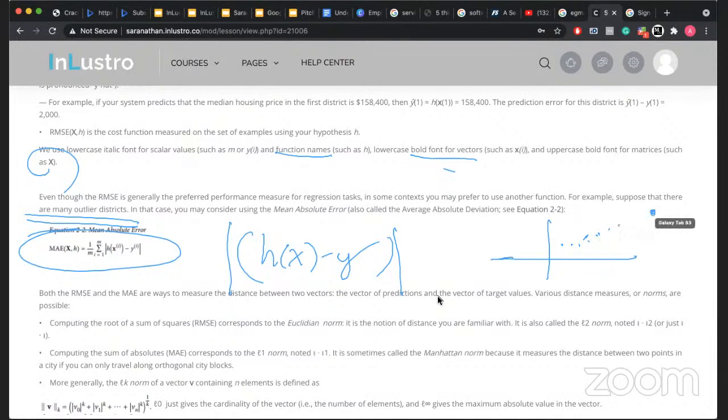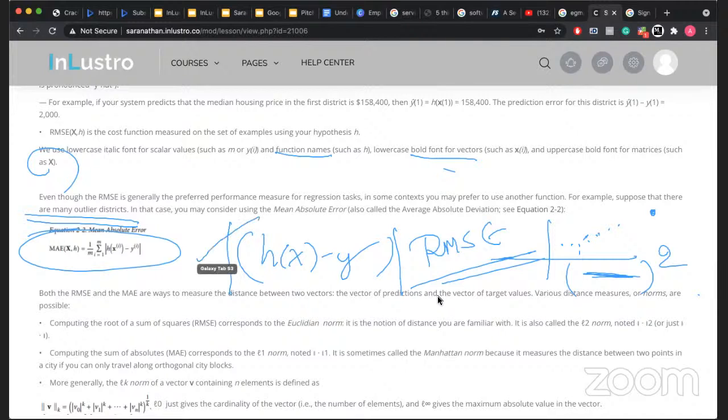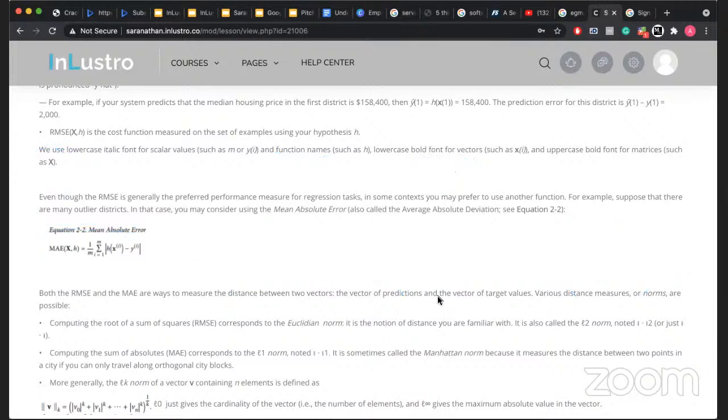Now, the distance between the mean and this gets squared in RMSE. So any outlier's impact on RMSE will be very high because the term is squared. Whereas in MAE, because you're not having a square dependency but a linear dependency, the impact of an outlier is lower. So that's why particularly whenever there are more outliers in the data set, we prefer to use mean absolute error in place of RMSE.